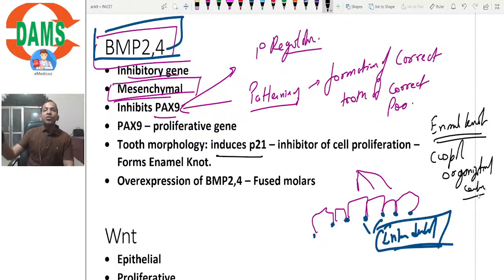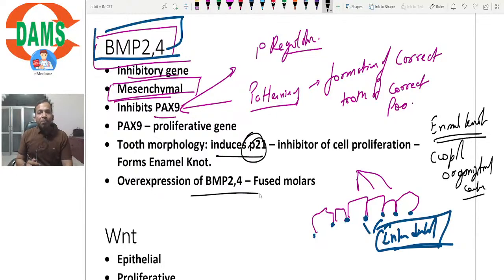It helps in the formation of cusp. Cusp form करता है enamel knot, right? And enamel knot को कौन differentiate होने में help करता है? This P21. So P21 is expressed in mesenchyme. Enamel knot is formed in epithelium. So again you have epithelial mesenchymal interaction. So the induction of enamel knot by P21 is an example of epithelial mesenchymal interaction. Clear है?